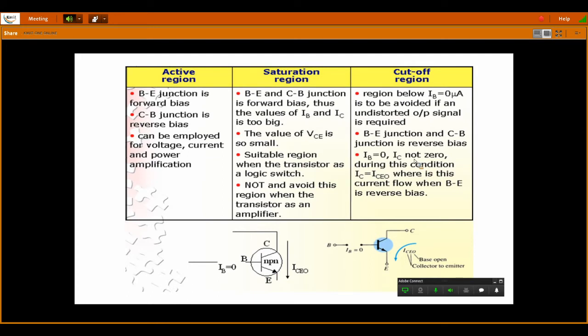Since the output junction is reverse biased, a small amount of leakage current flows through that junction, which is IC equal to ICEO. This can happen only when your input terminal is left open. Then only we have this leakage current in your transistor.